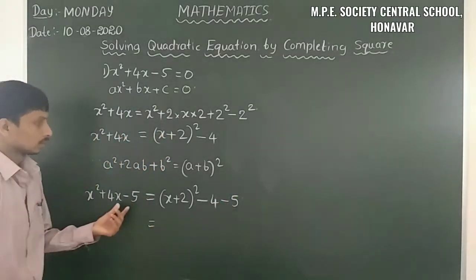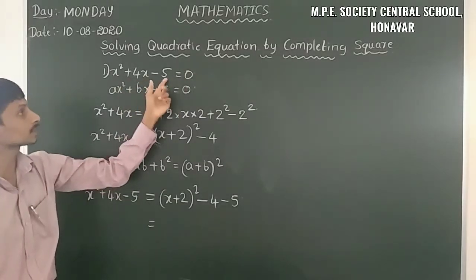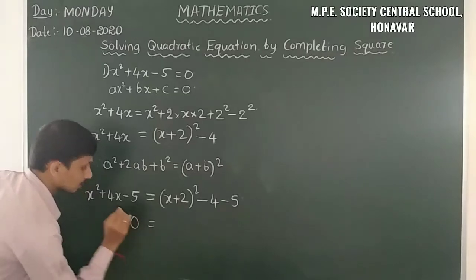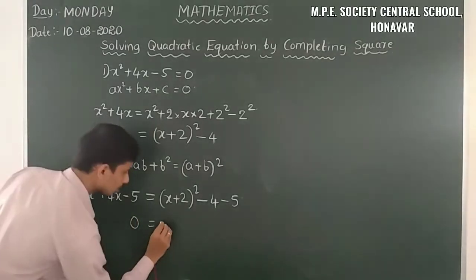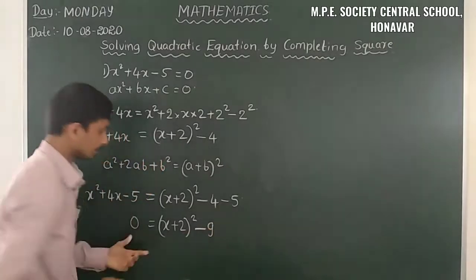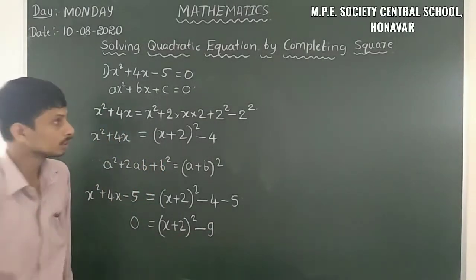Here we equate x square plus 4x minus 5 to 0. So our equation converts into x plus 2 whole square minus 9 is equal to 0.